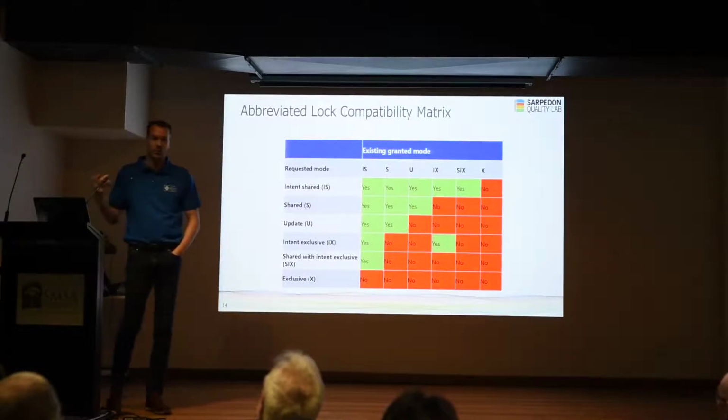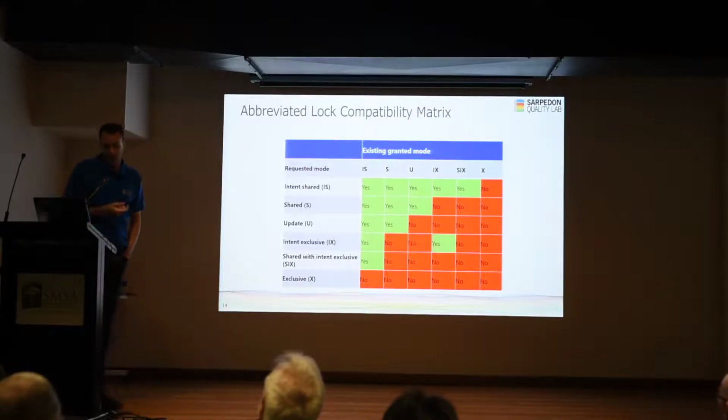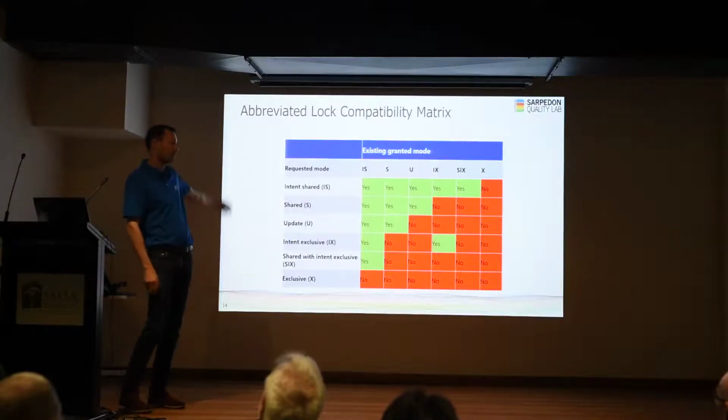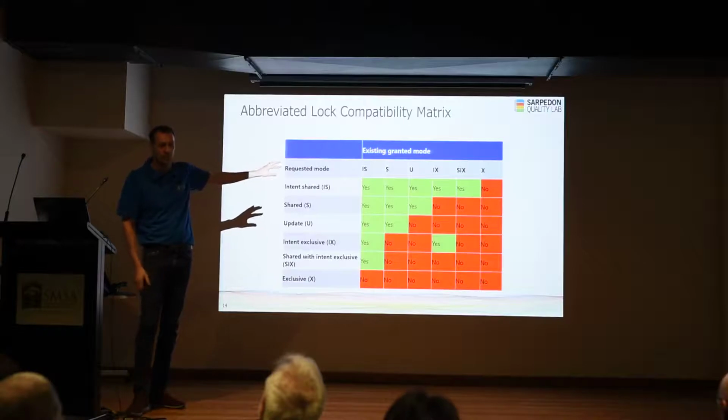Because you have to imagine now you have hundreds of sessions who potentially want to go to the same table, and SQL Server needs an efficient way to find out. Let's say we have 100 sessions and 3 guys changing data. So out of a table with 1 million rows, for example, there are 3 exclusively locked rows.